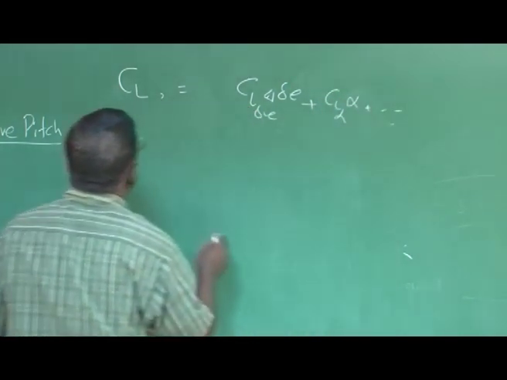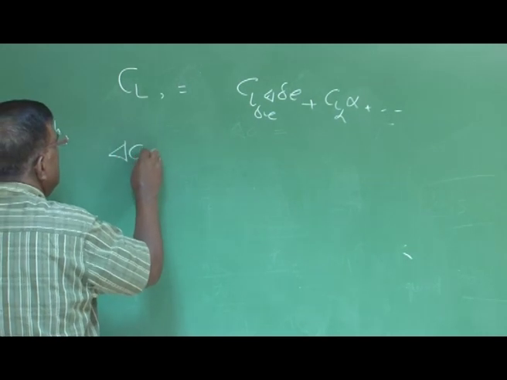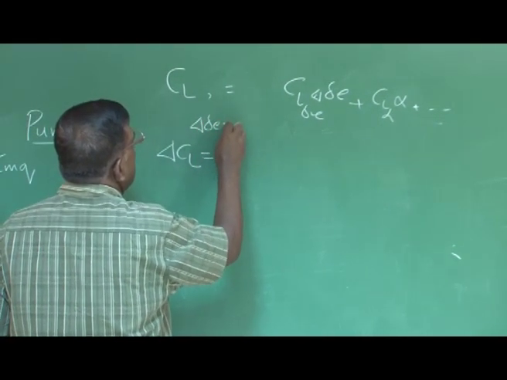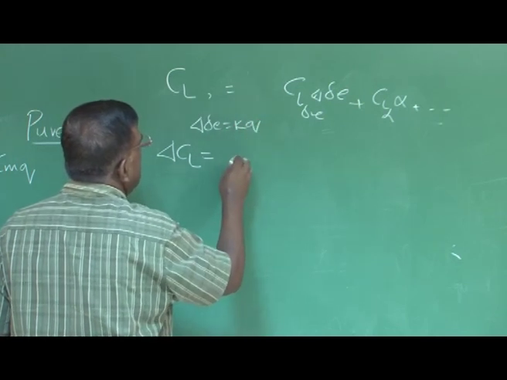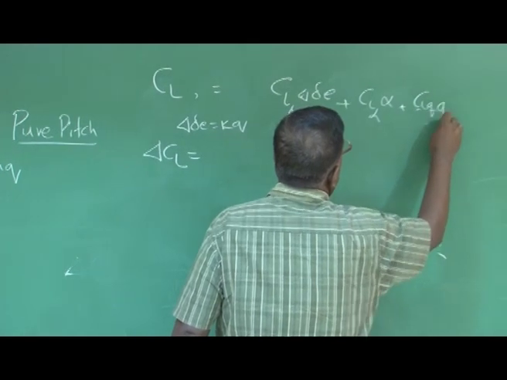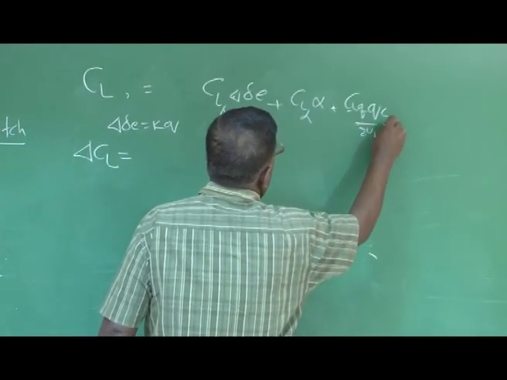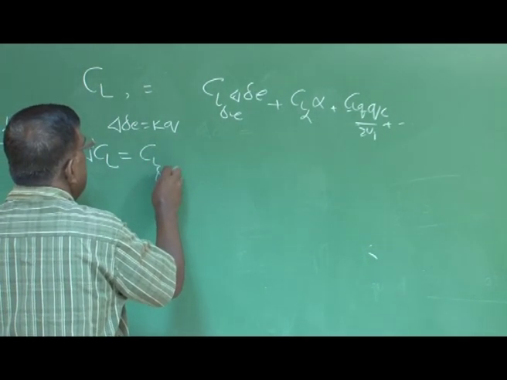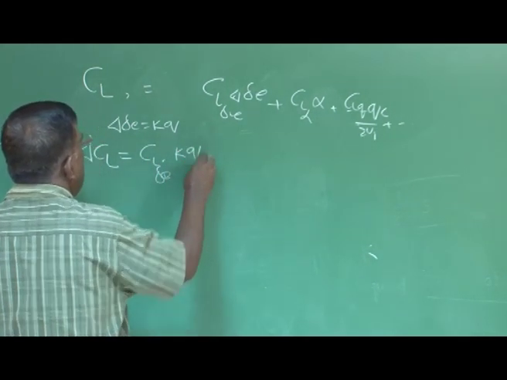So delta CL, because of delta delta E equal to KQ, also has CLQ into Qc by 2U1, like this all terms are there. So this will give you CL delta E into KQ.